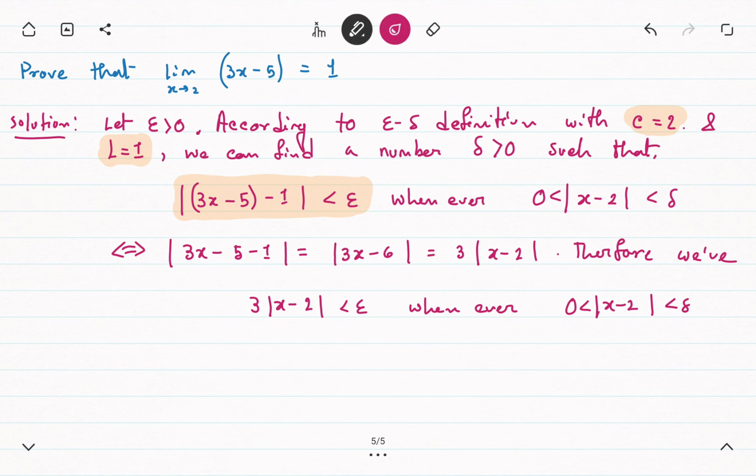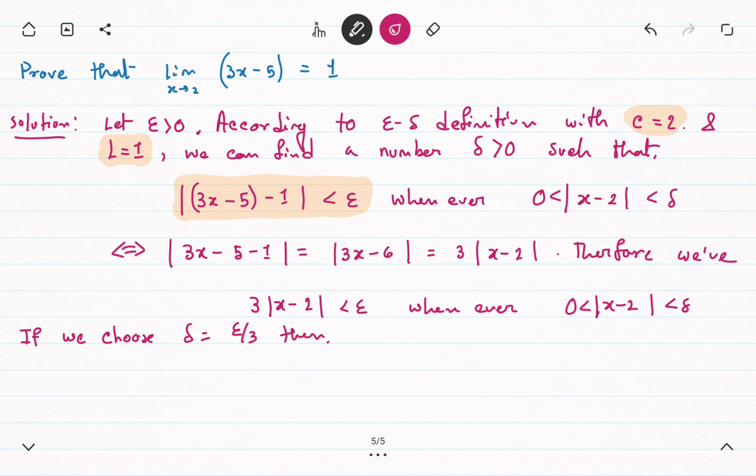So we choose delta equal to epsilon over 3.